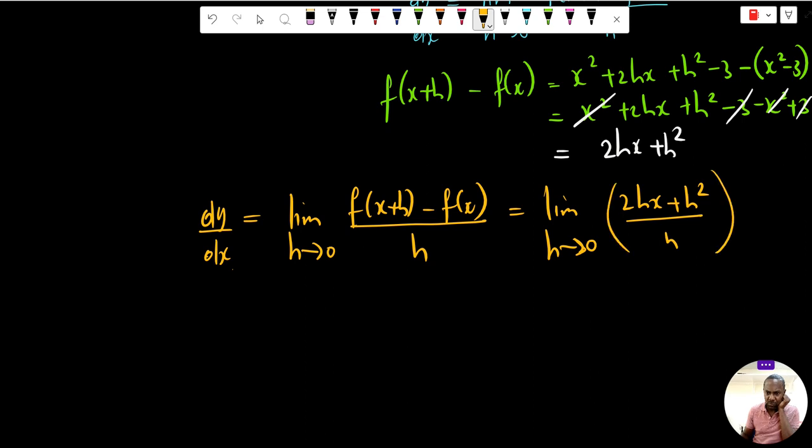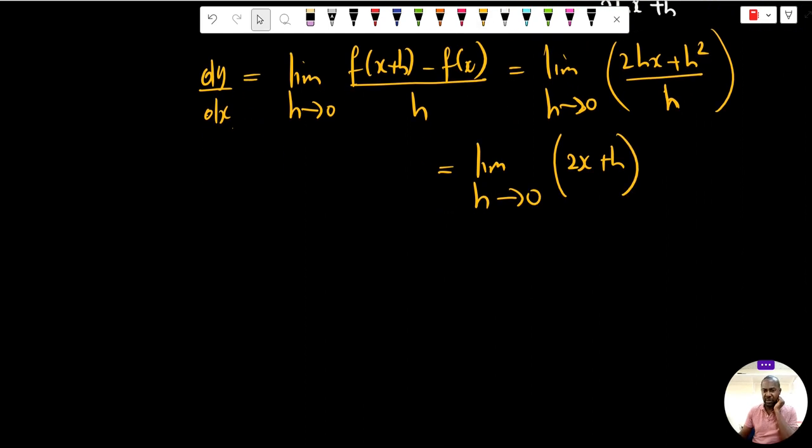So first of all, we will simplify by dividing through by h. And so this gives us the limit as h approaches 0 of, now 2hx divided by h gives us 2x, and h squared divided by h gives us plus h. So essentially, this simplifies to give the limit of 2x plus h as h approaches 0. Now, how do we evaluate this?